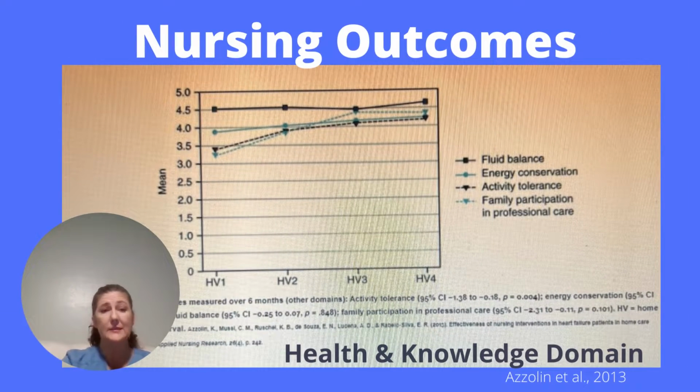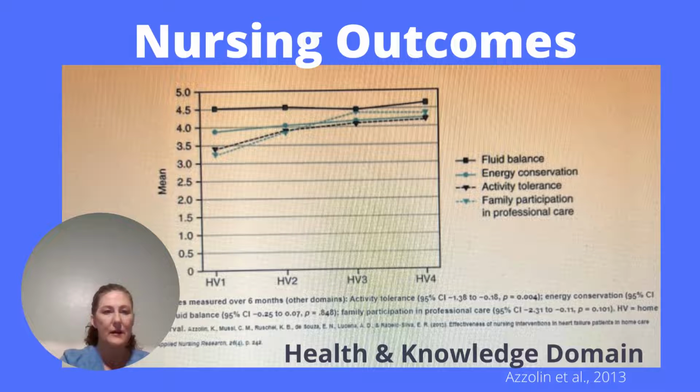So this is the second line graph, and it shows the additional 4 health outcomes belonging to the different nursing outcome classifications. Now, the classifications for this chart include functional health, which is activity, tolerance, and energy conservation. And then we have physiological health, which includes fluid balance.